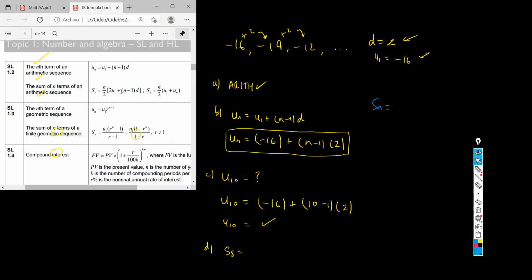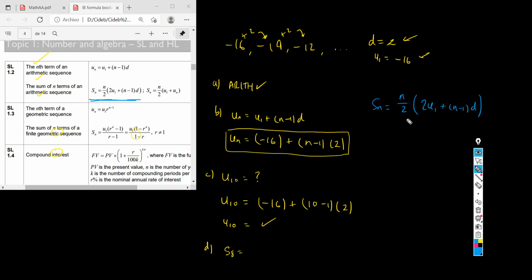You can use one in some circumstances when you know the difference, and the other one when you know the last term that you want to add, right? So S8, let's see which one I can make use of. So it's this one. I'm gonna write it in here, n over 2 that multiplies all of this thing.